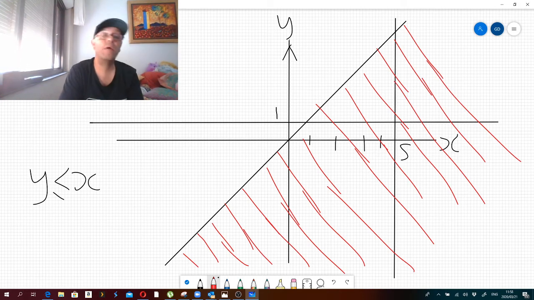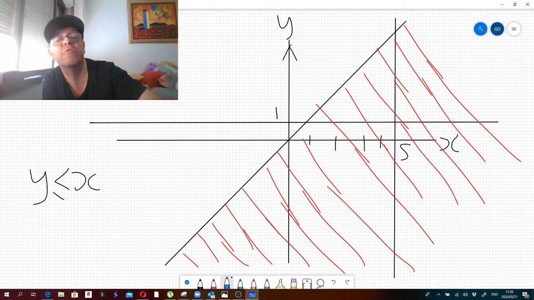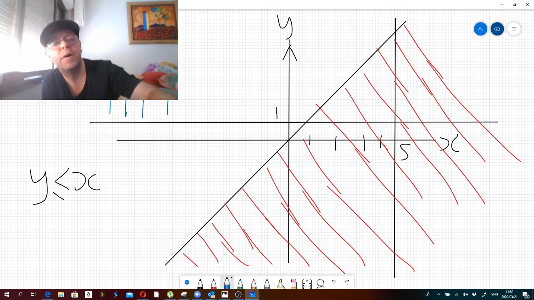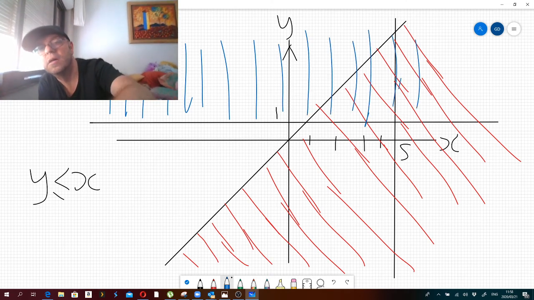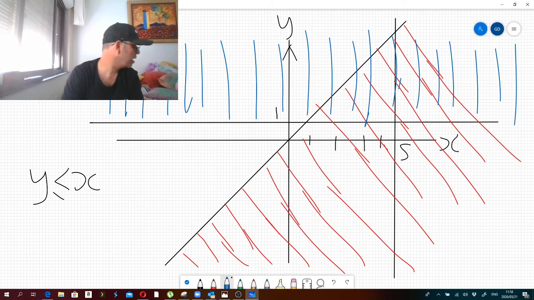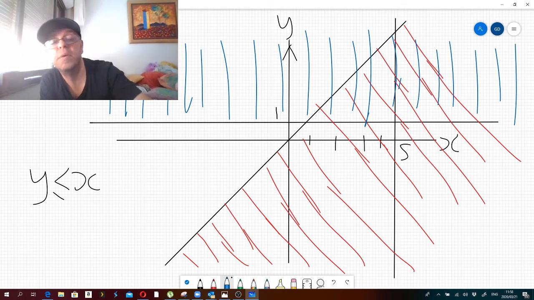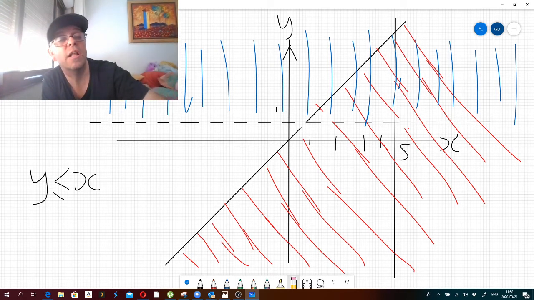For the second one, they wanted y is greater than 1. So that was, and I'm going to use a different color, everything above this line. There we go. Being strictly greater than, it means that this line should be a dotted line. So we just want a nice dotted line there, not a solid line.